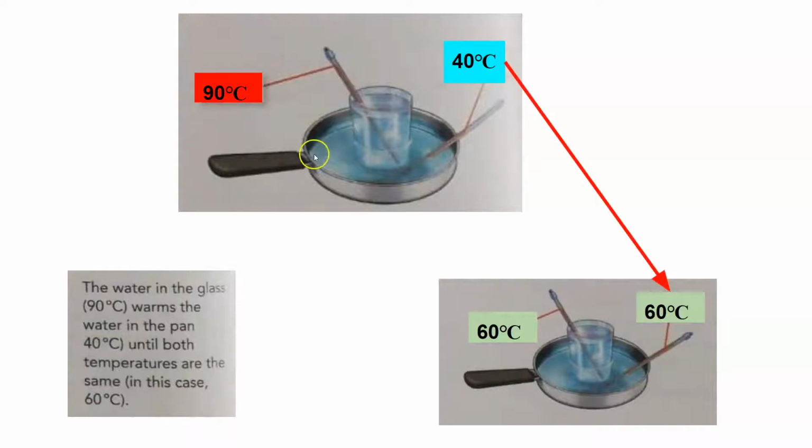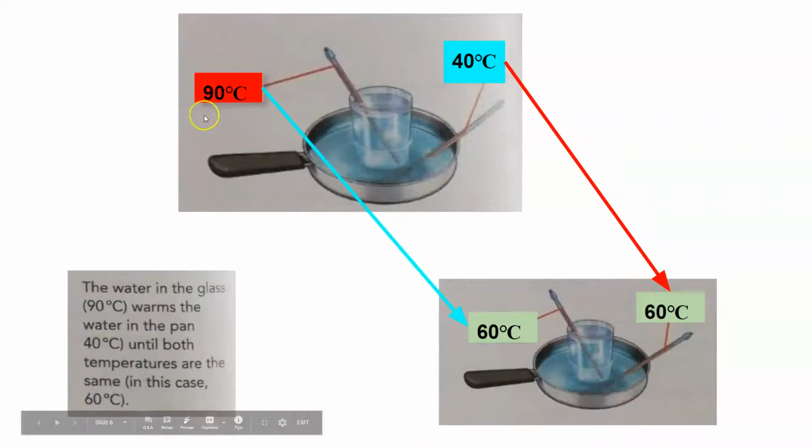So the water in the pan that was 40 degrees was transferred heat and warmed up to 60. And the water that was 90 degrees in the cup cools down to 60. And now they're both the same temperature.